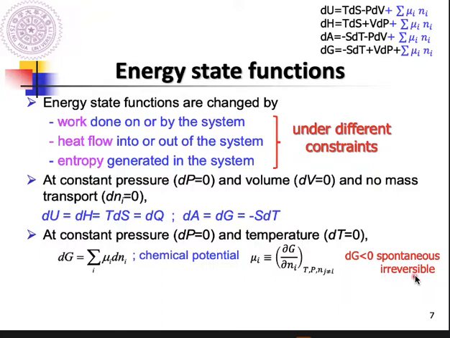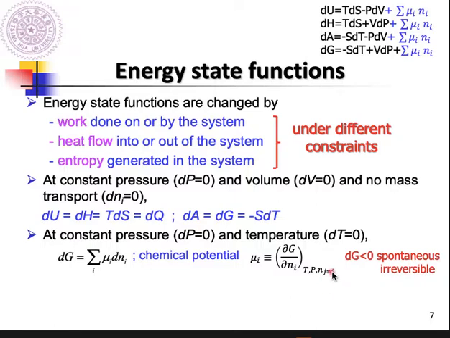Probably some people will ask, how about if dG is positive? If for a process dG is positive, that means the total energy of the system would increase, which is impossible, right? So we can use dG to identify the direction of the reactions we are interested in.